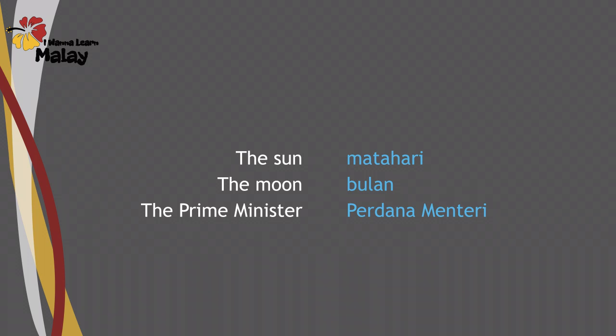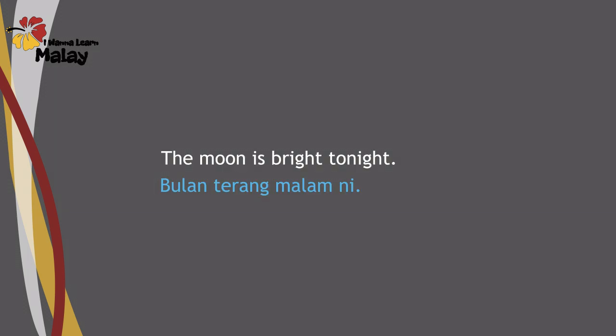So these are specific to the object or the noun itself. Because of that, we don't really say that sun or that moon or that prime minister. For example, the moon is bright tonight. Bulan terang malam ni. We don't need to say bulan tu terang malam ni because we're not saying that moon is bright tonight.